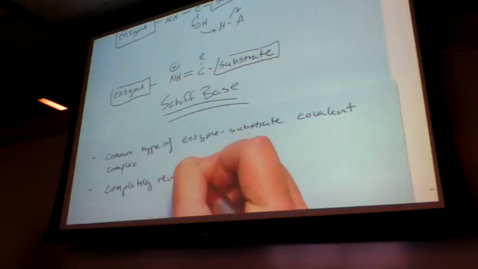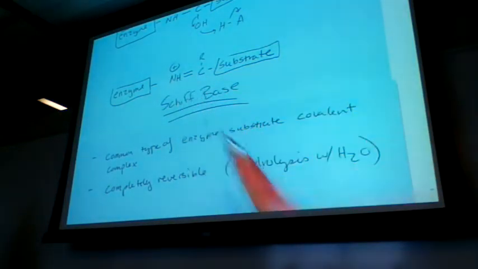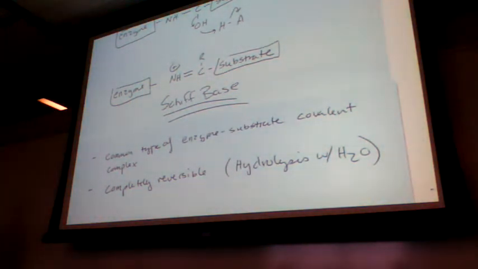This is completely reversible. Basically, you just hydrolyze it with water. So all those steps we just drew can go backwards. Okay, and so water attacks the carbon and pops those electrons back on the nitrogen.